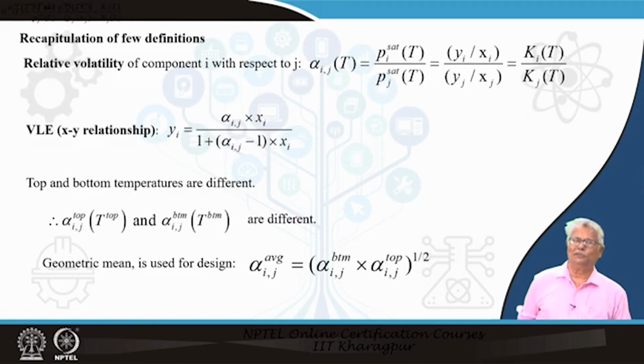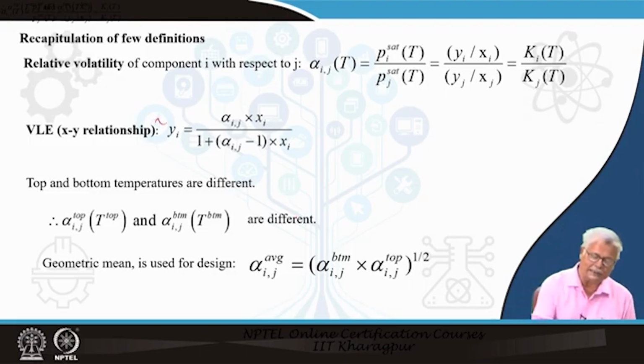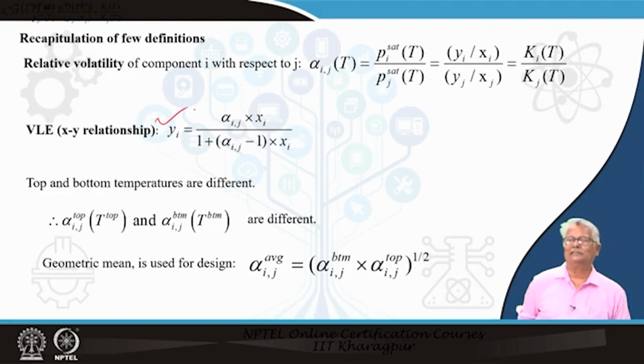We very quickly recapitulate the definition of relative volatility in terms of the saturation pressure at a particular temperature, in terms of the mole fractions y and x, and also in terms of the distribution coefficients k_i and k_j. So, the alpha_ij expression is what you see displayed here. The vapor-liquid xy relationship is also given by y equals alpha x divided by 1 plus x into (alpha minus 1).